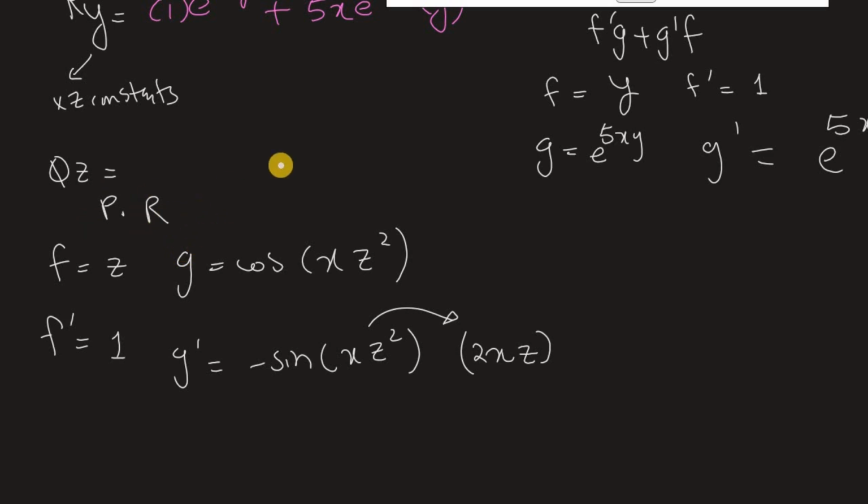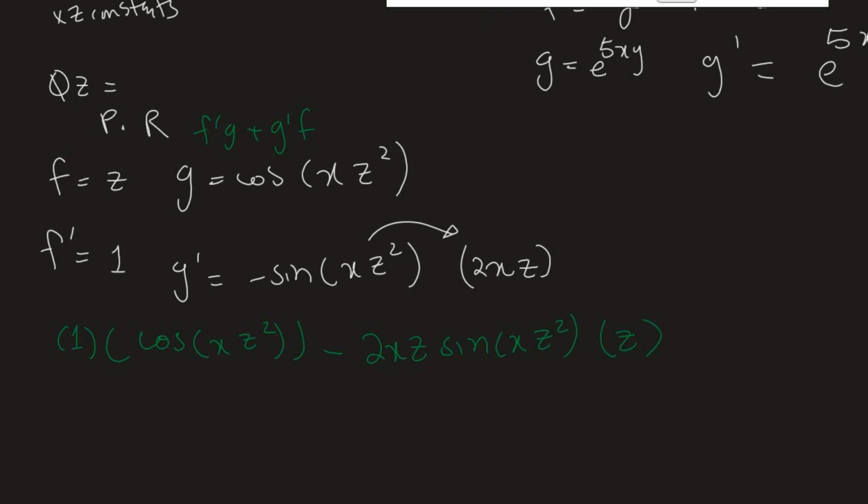Okay, now let's bring everything together as f prime g plus g prime f. So we have f prime g plus g prime f. Okay, so this is for qz.